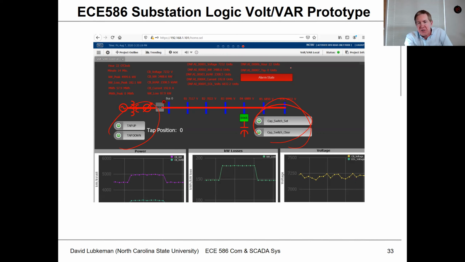And then we were actually simulating what would be the effect of implementing this in the field as far as what you see for changes in measurements and things like that. So this is a one-line diagram associated with this control.